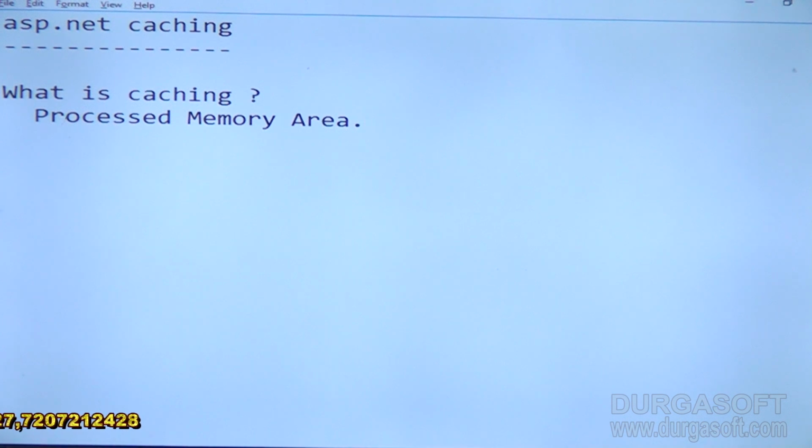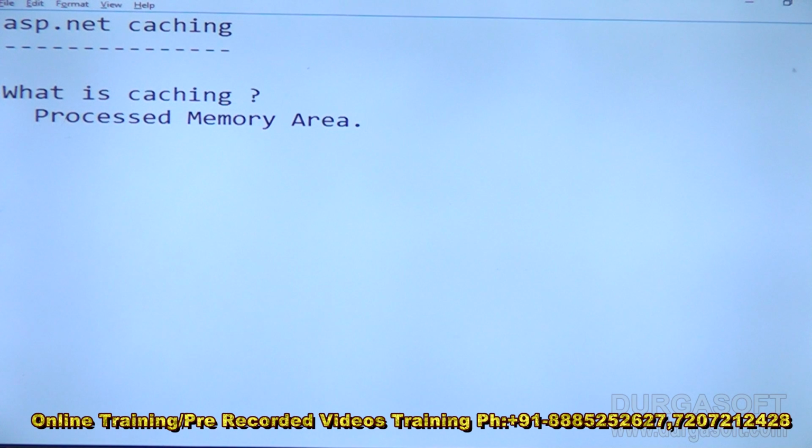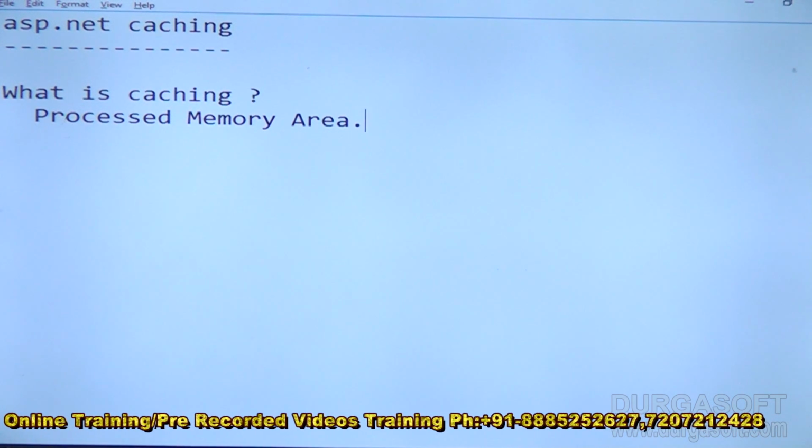That memory area is cache memory. It's memory only, the same memory. So that memory area is called cache memory.